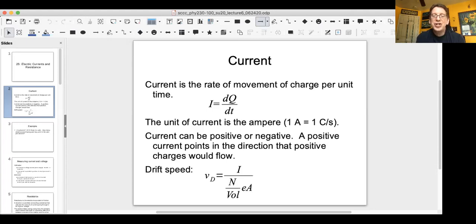So in general, the number density is very, very high, so the drift speed is actually quite small. Typical drift speeds in a wire are on the order of 1/10 of a millimeter per second. So what you have is a very, very large number of electrons moving not all that quickly.